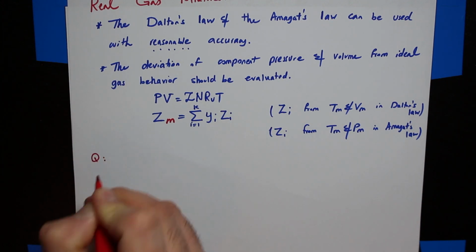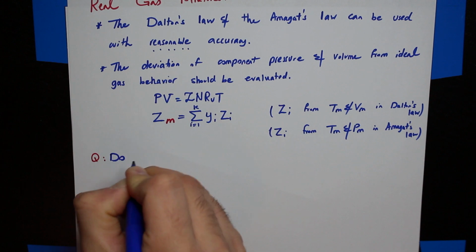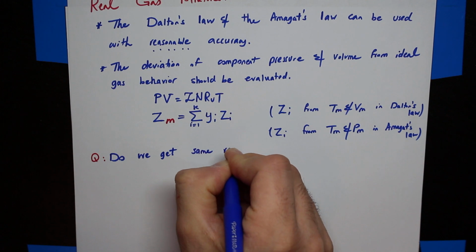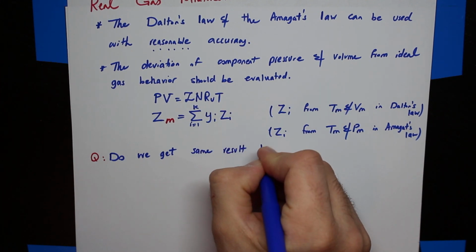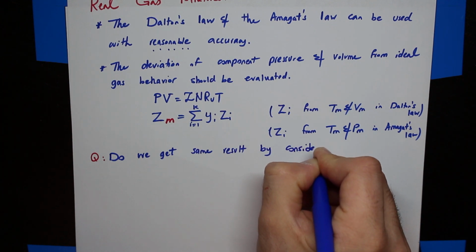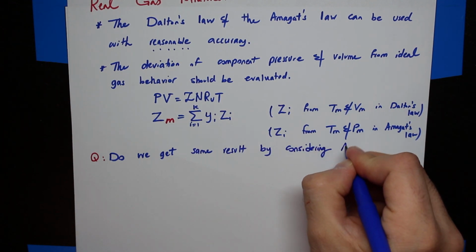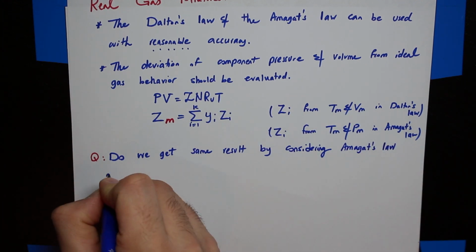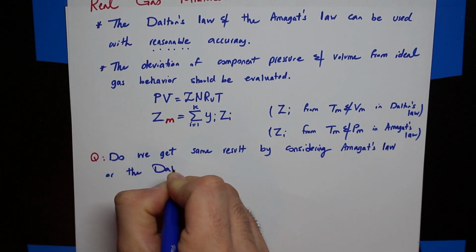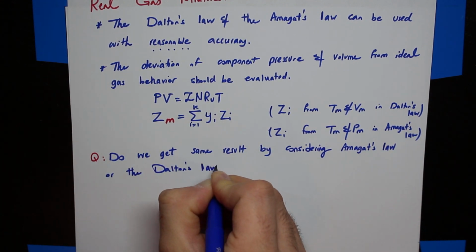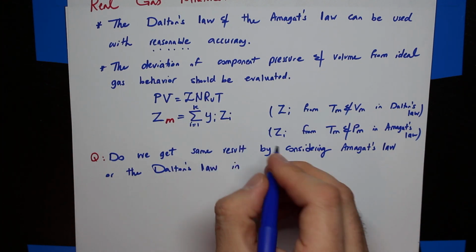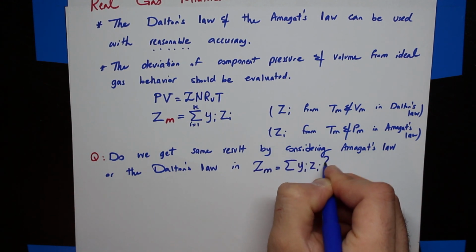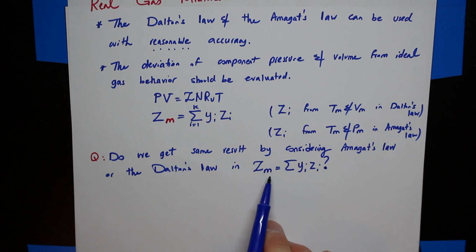Question: do we get the same result by considering Amagat's law or Dalton's law in z_m equal to sigma y_i z_i?